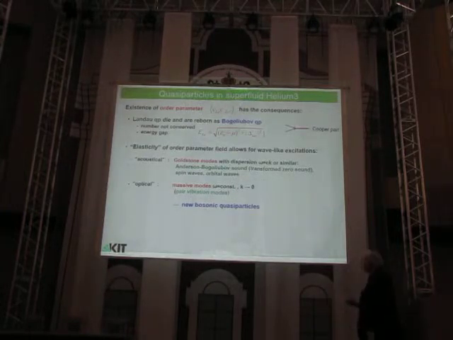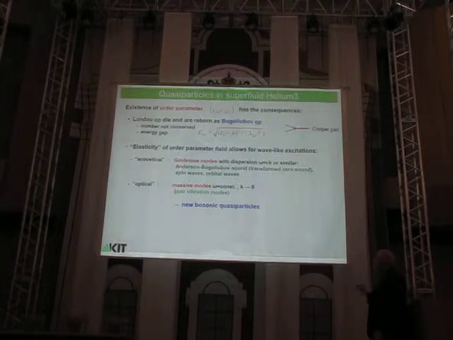This elastic medium can sustain various types of oscillations. There are acoustical oscillations, so-called Goldstone modes, which are related to the broken symmetry of the state. And they have a dispersion omega proportional to k or similar, like the Anderson-Bogoliubov sound mode, which is the transverse zero sound, spin waves, orbital waves.